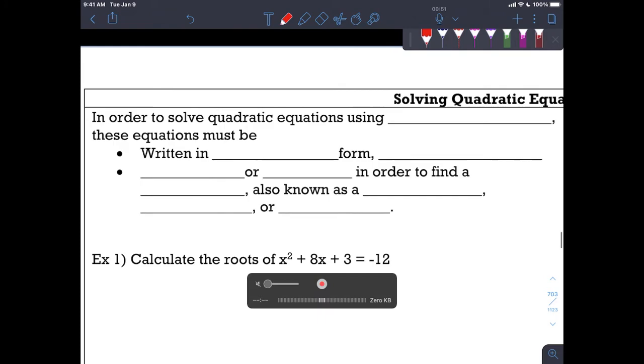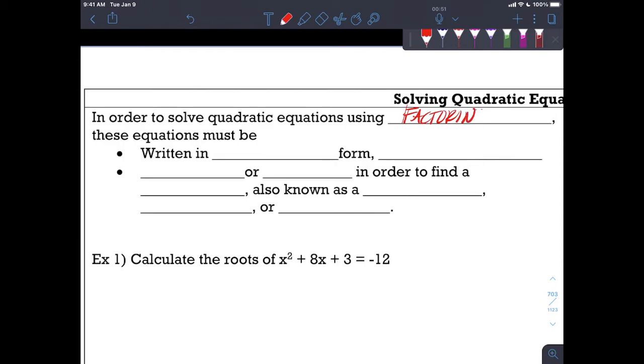All right, so everybody go ahead and get your notes page ready. In order to solve quadratic equations using factoring, these equations must be written in standard quadratic form, meaning ax squared plus bx plus c equals 0.